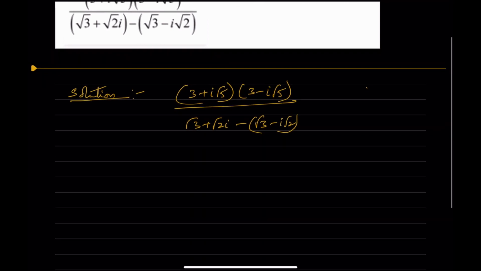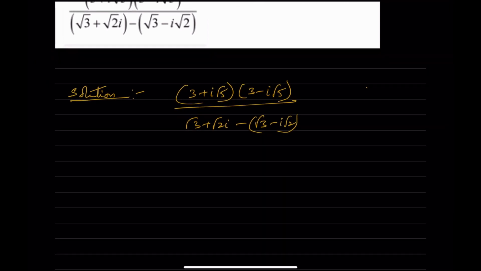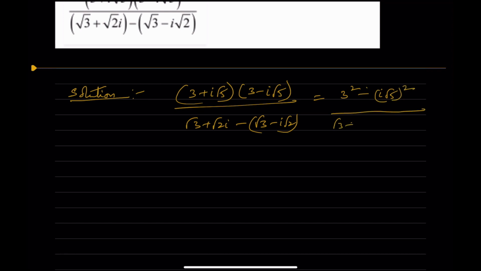So we first have to use the formula (a plus b) into (a minus b), which will give you 3 square minus (i root 5) whole square, divided by, here you are having root 3 plus root 2i minus root 3 plus i root 2. So you are getting this and this get cancelled. So you are getting in the numerator 9 minus i square into 5, divided by, here you are getting root 2i plus i root 2.